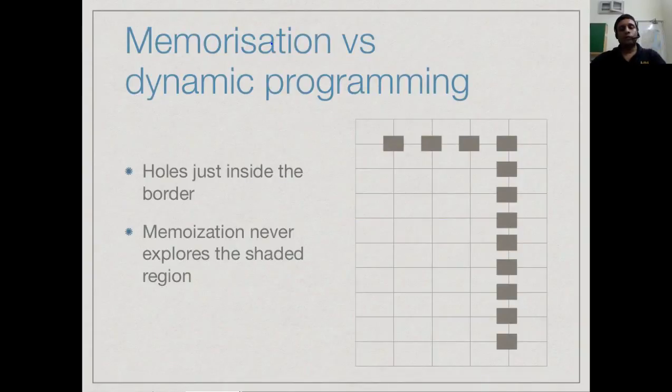So finally, before we conclude, let's just look at an instructive illustration of the difference between memoization and dynamic programming. Okay, so if we have a bunch of holes which are along the border, then intuitively what it says is that if I start from here and I go anywhere like this, I'm going to get stuck. Okay?